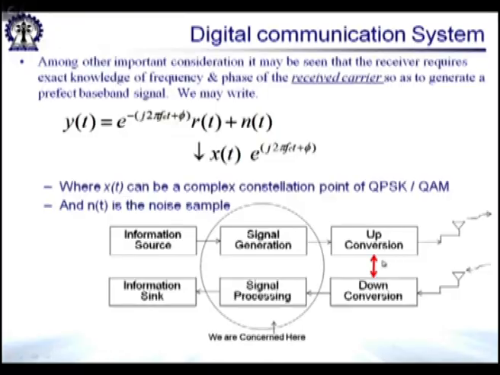In other words, the up conversion and down conversion should be in as perfect sync as possible. This is one of the important assumptions that we will make while continuing on different derivations in this course. We should remember this, and we will not be referring back to these kinds of primary assumptions, although when we study digital communications, we are greatly involved in studying synchronization techniques at the receiver.